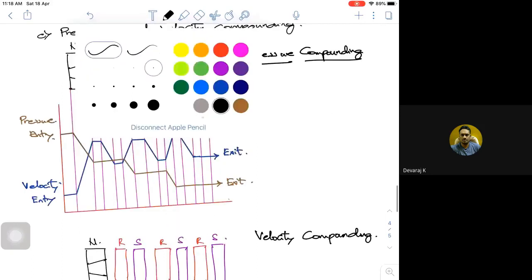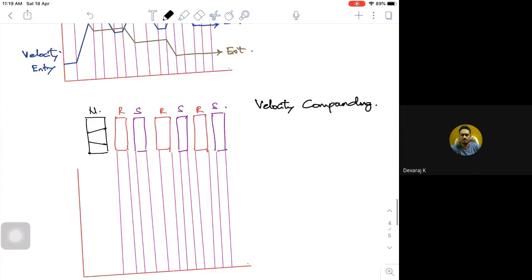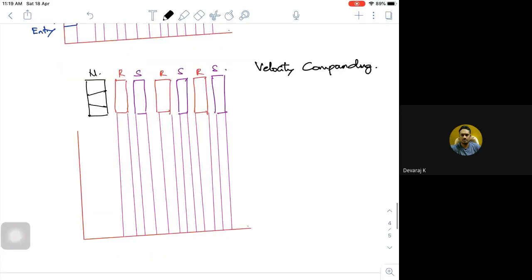In the rotor, the kinetic energy is absorbed and the pressure remains the same, as in pressure compounding. Okay. Now, velocity compounding. I'm going to do the same thing. So what will happen here?